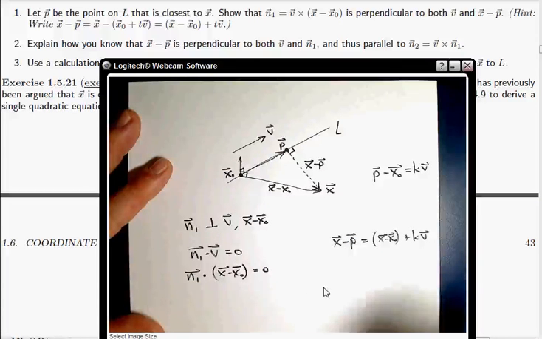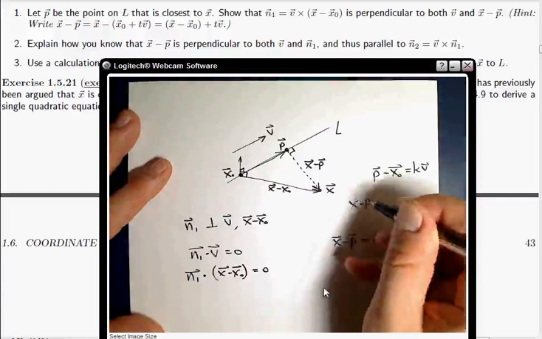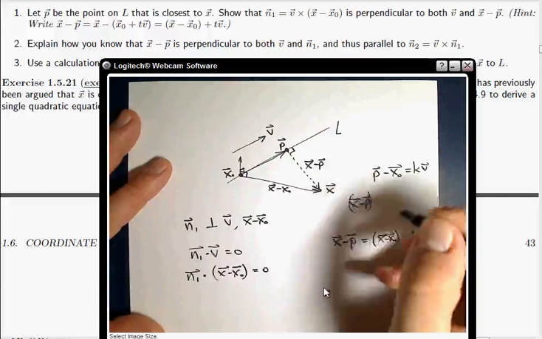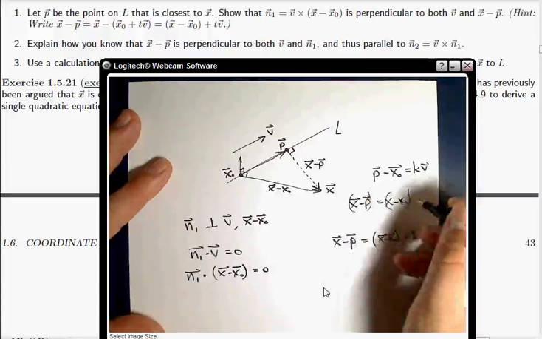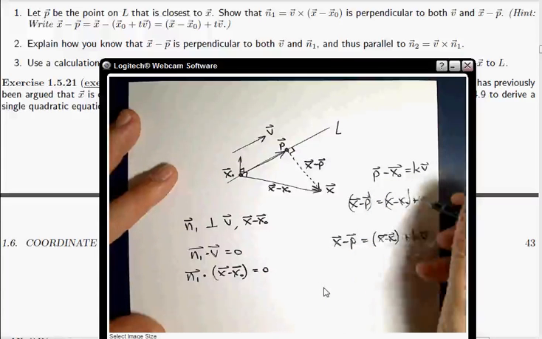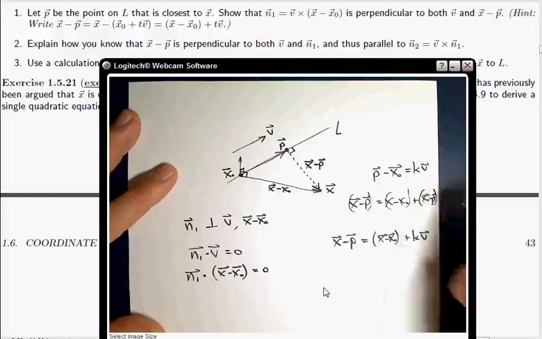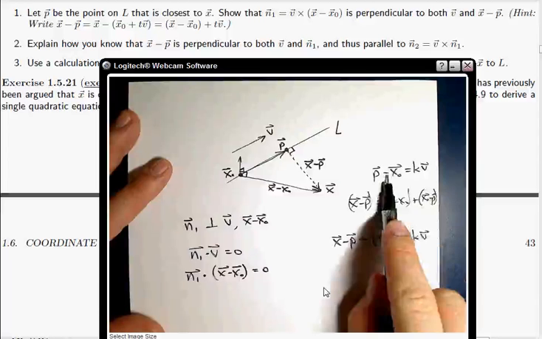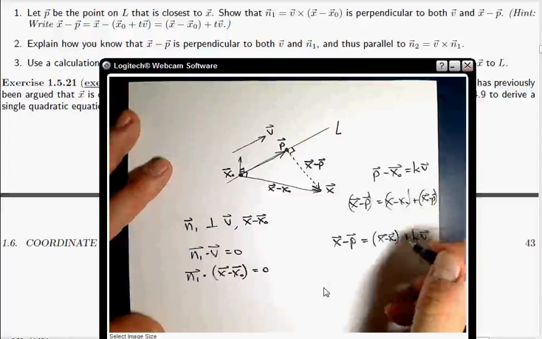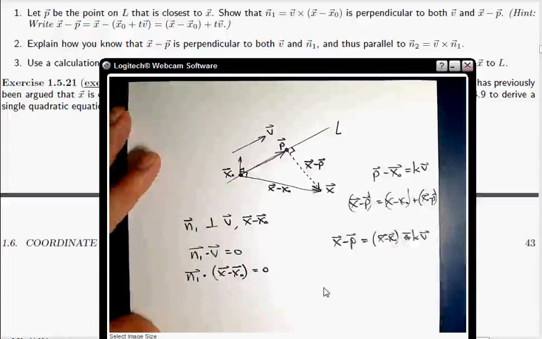And then X minus P is going to equal X minus X naught plus X naught minus P. And X naught minus P is the negative of that, so this is the minus sign. Is that cool? Yeah, okay, cool.